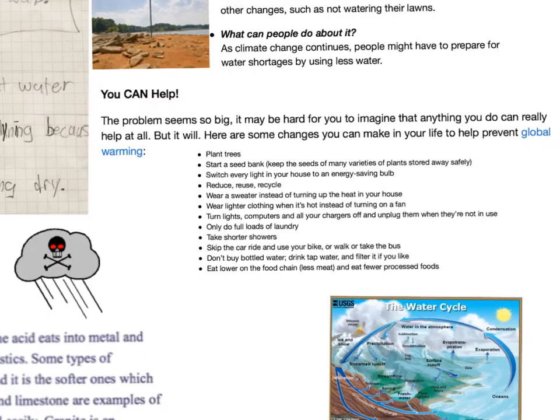Reduce, recycle. Wear a sweater instead of turning up the heat in your house. Wear lighter clothes when it's hot instead of turning on a fan. Turn lights, computers, and all your chargers off and unplug them when they're not in use.